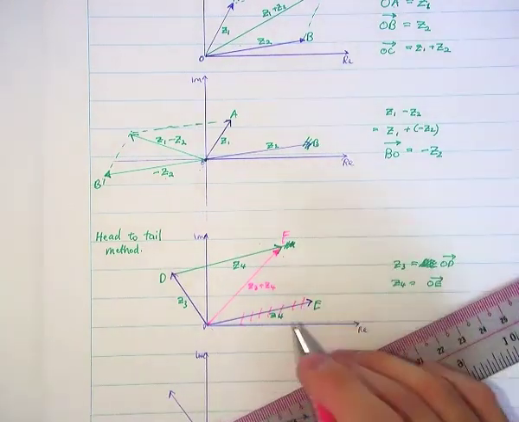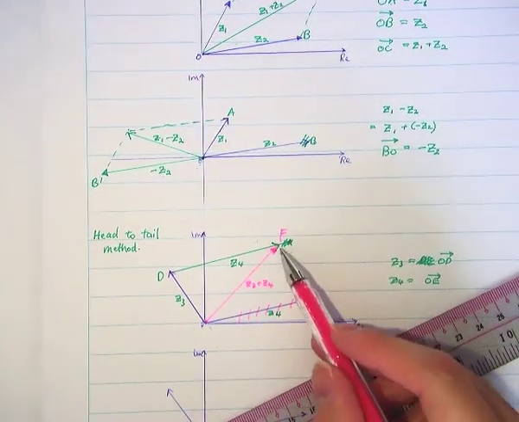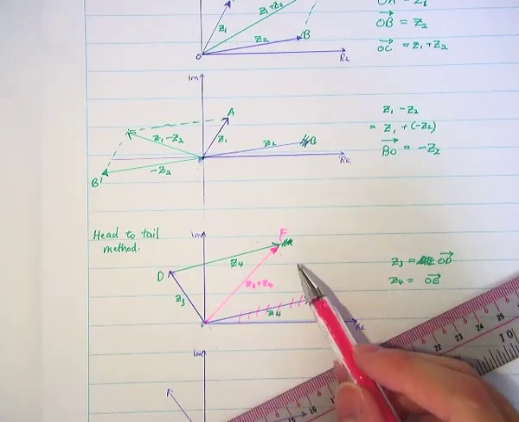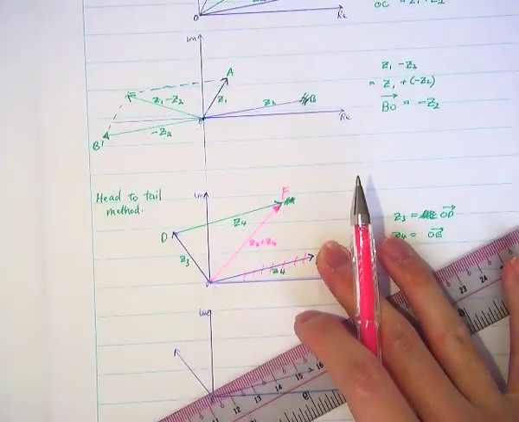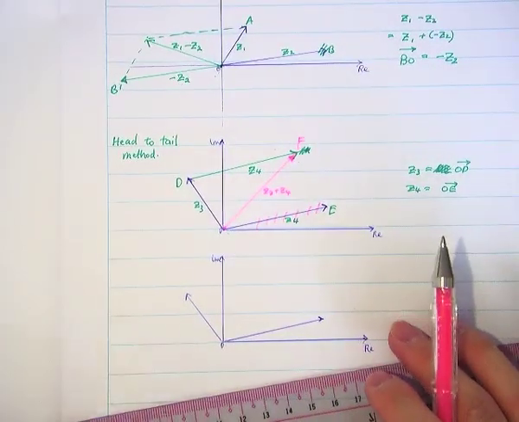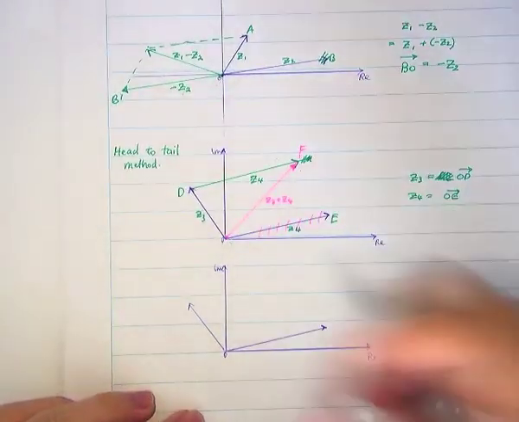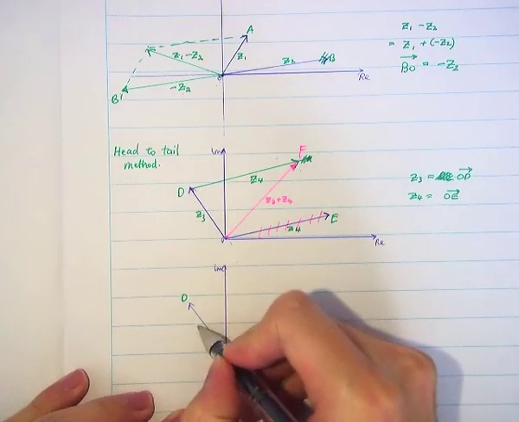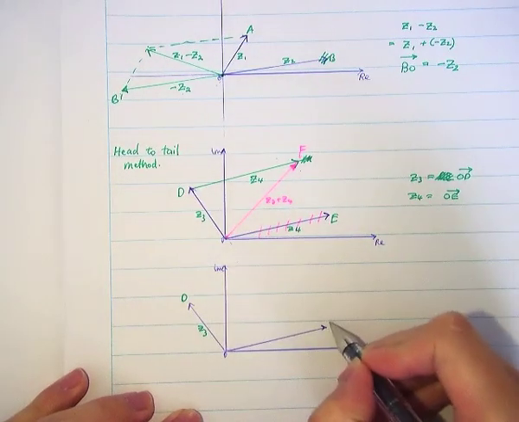As you can see, it's not too different from drawing a parallelogram if we ended up drawing a parallelogram from E to F. Now, subtraction, this is where the head-to-tail method stands out a little bit. Again, we're going to have Z3 and Z4 the same as before.